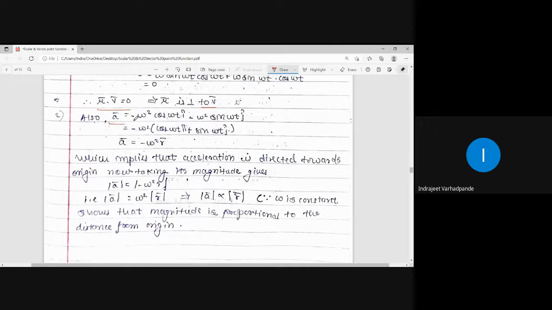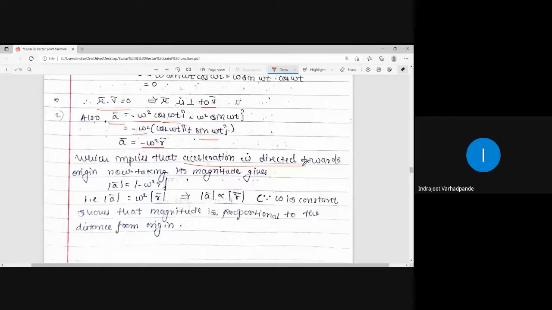A bar is nothing but minus omega square cos omega t i minus omega square sin omega t j. So this is minus omega square into, what is the term remaining in the bracket? Cos omega t i plus sin omega t j, which is simply r bar. So I am getting a bar is equal to minus omega square r bar, which implies that the acceleration is directed towards the origin.